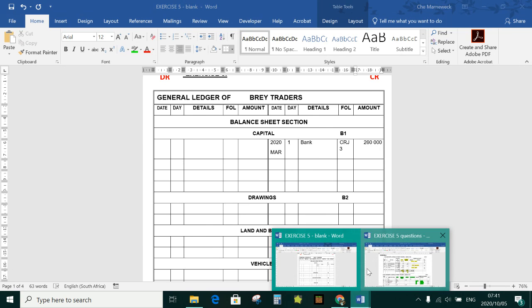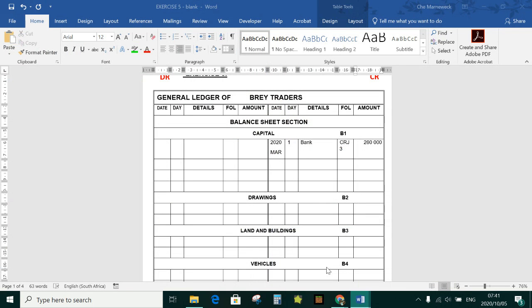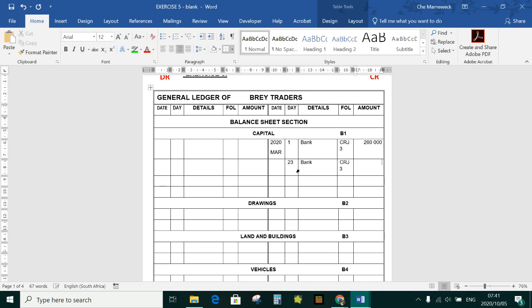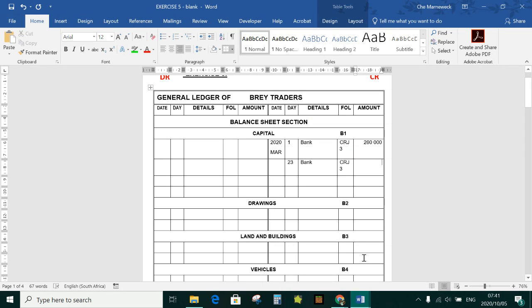Then have a look. Do we have any more capital? Yes, we do. On day 23, on the credit side, 50,000. So you don't have to repeat the year and the month. You're welcome to do that though. On day 23, bank, CRJ3, and it was what? 50,000.